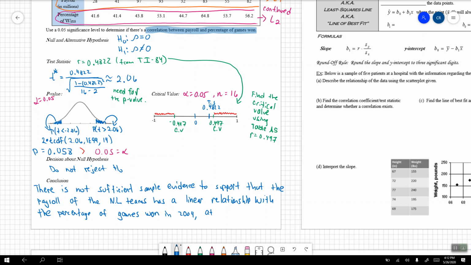And I'm going to say at alpha equal to 0.05. And again, significance level stated.